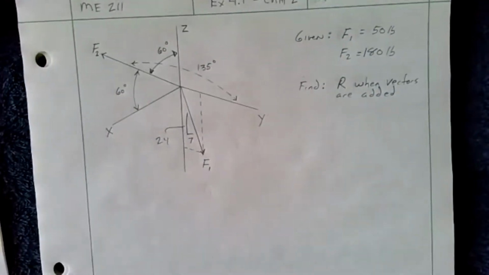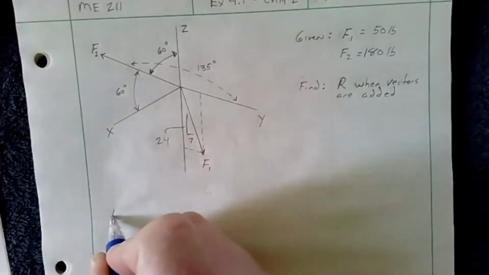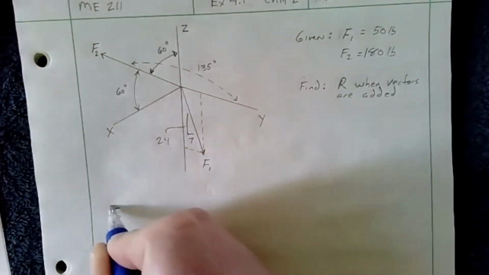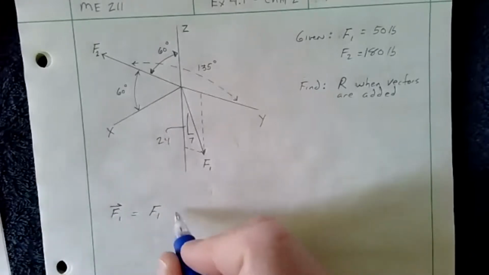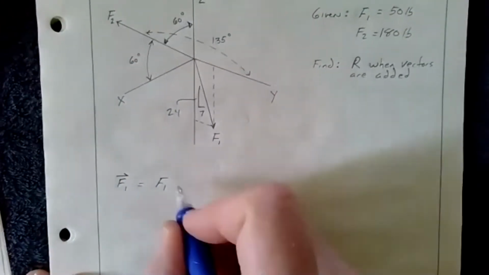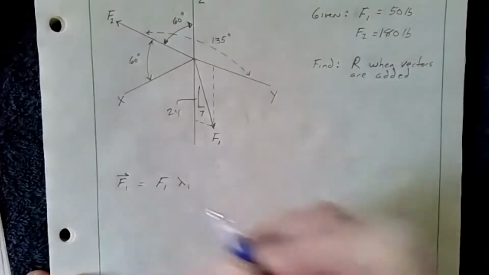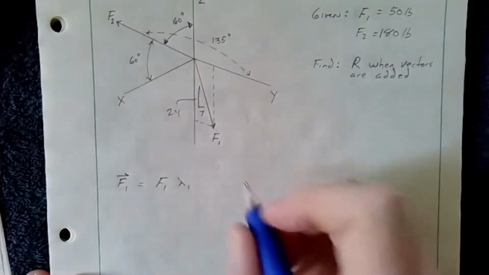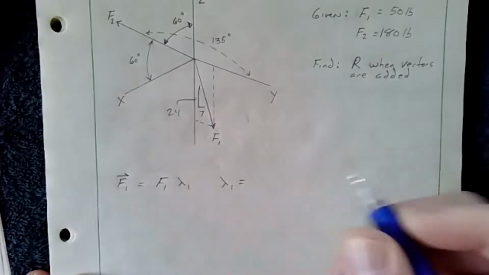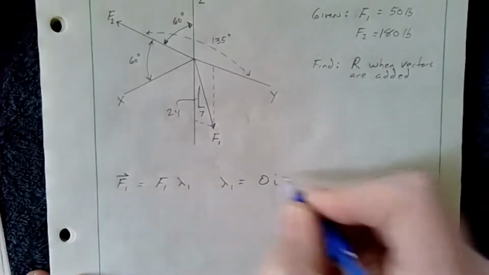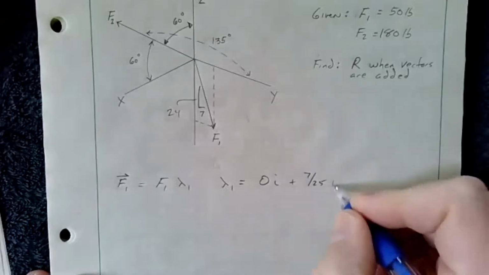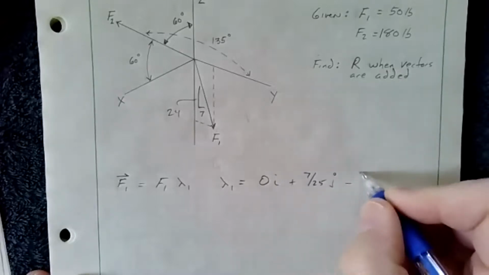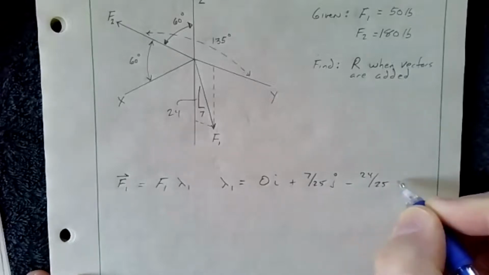Let's look at F1 first. We know that the F1 vector just equals scalar F1 times lambda 1. Lambda 1 is 0i plus 7/25 j minus 24/25 k.